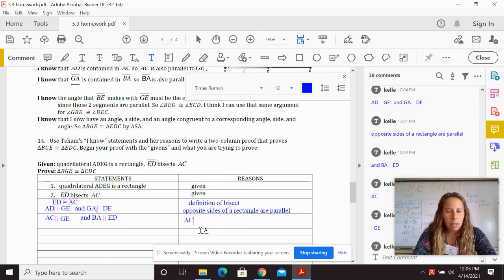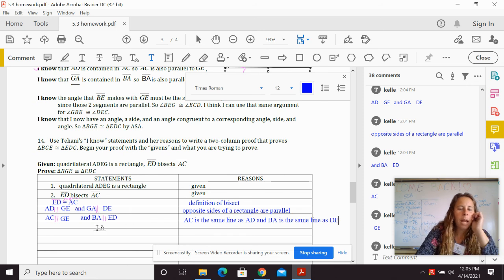So AC is the same as AD, and EA is the same line as something like that.